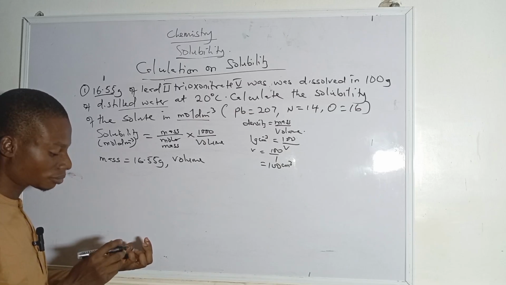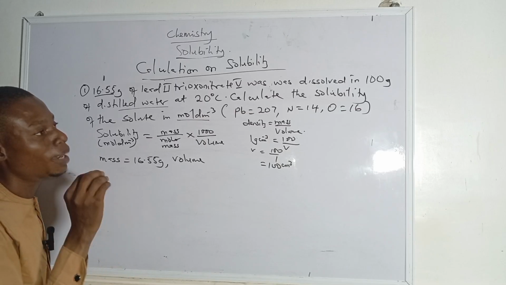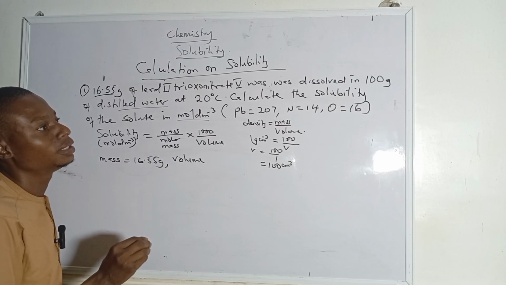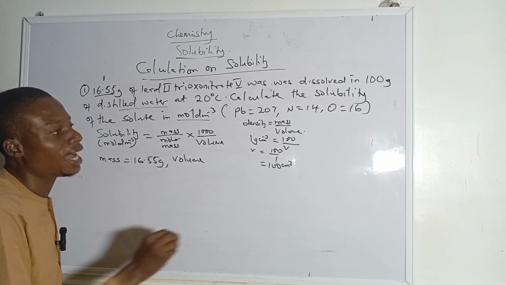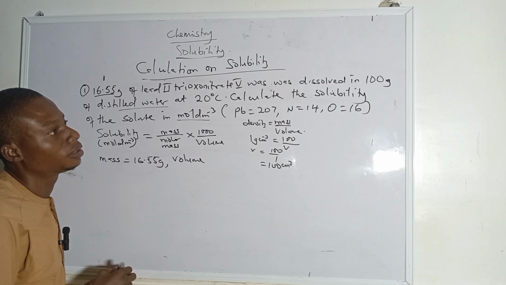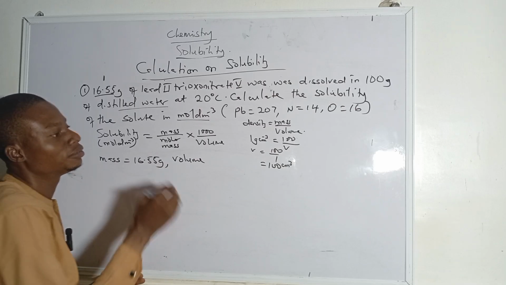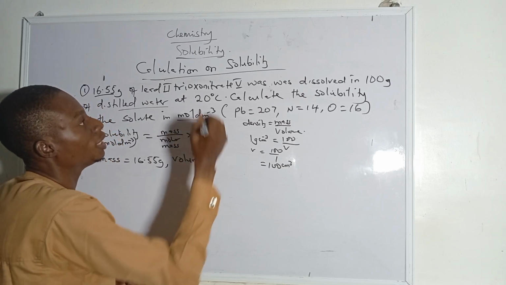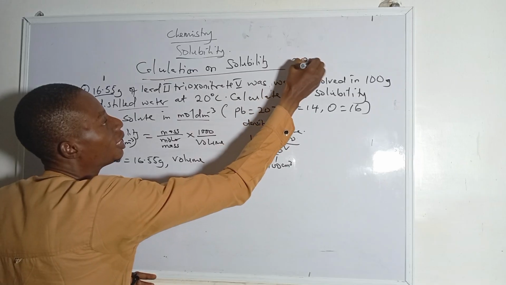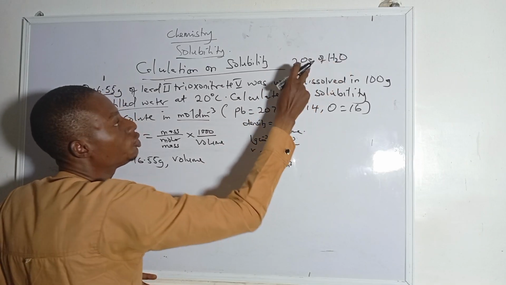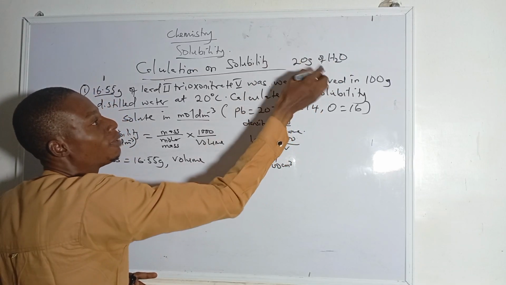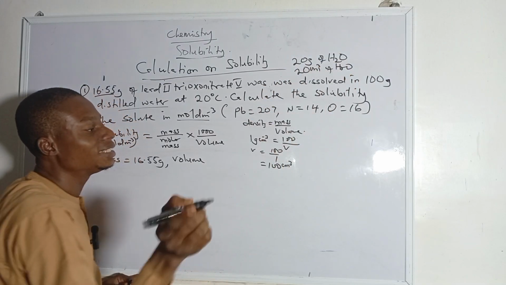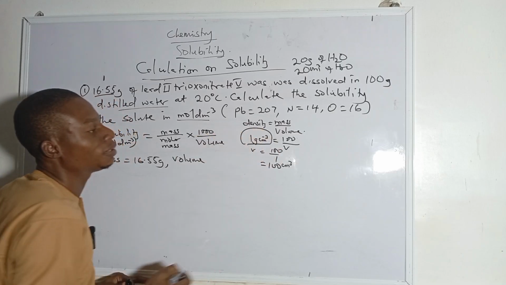In that case, if you are given mass of water in gram, that particular value is the same as the volume. For example, if you are given 20 gram of water, this is the same as 20 cm cube of water, because density of water is 1 gram per centimeter cube.